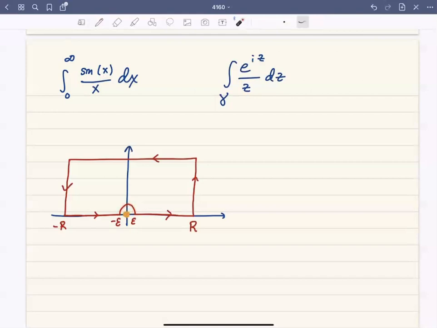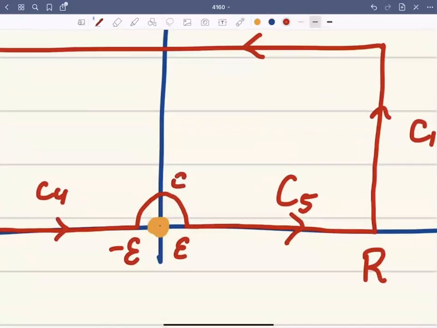Now, the entire integral over gamma is really easy to evaluate because it's 0. All the poles are outside the contour. So we don't really need to do anything here as far as evaluating the entire integral. But what I'm going to do is break this up into 6 pieces. So we'll have C1, C2, C3, C4, and C5. And then C6 is going to be this little circle here.